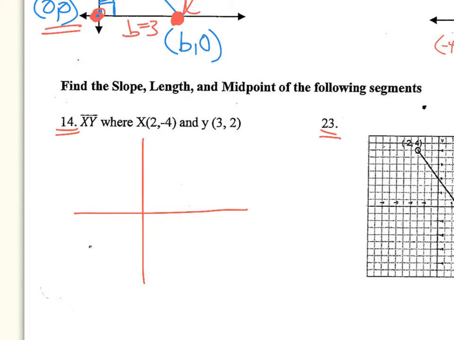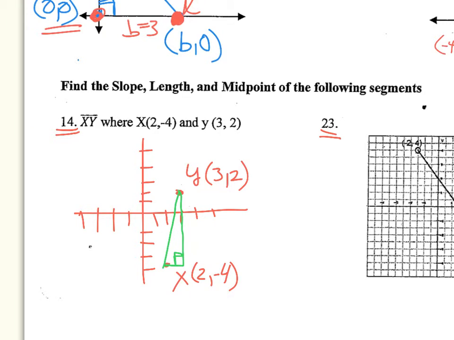Here's the point (2, -4) and the point (3, 2). So we're looking for the slope, the length, and the midpoint of that segment.